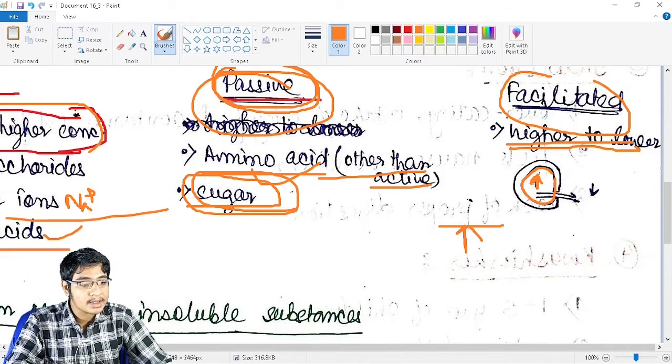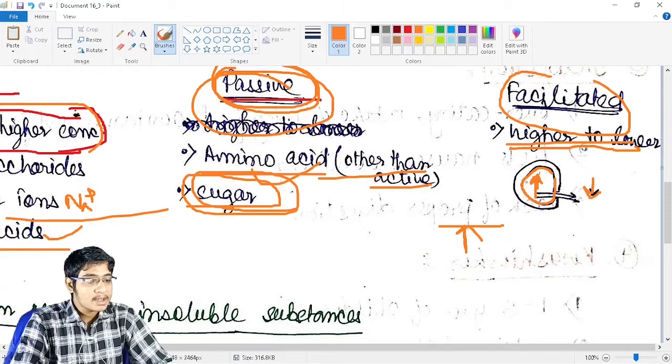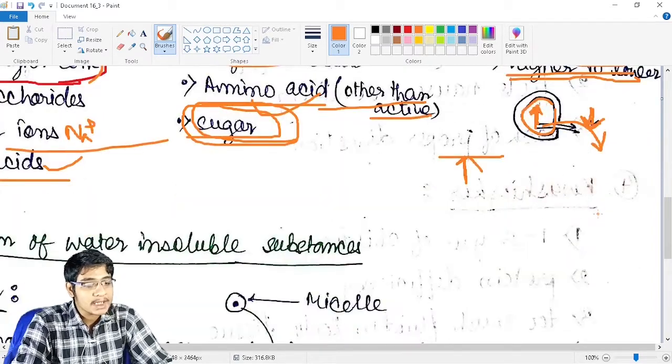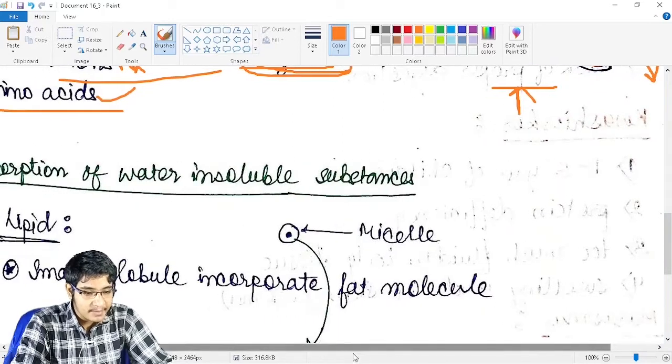This is concentration. This is a high concentration and this is the low concentration. Remember it always. In this low concentration area, substances from the high concentration get absorbed with the help of osmosis. So this is facilitated absorption.